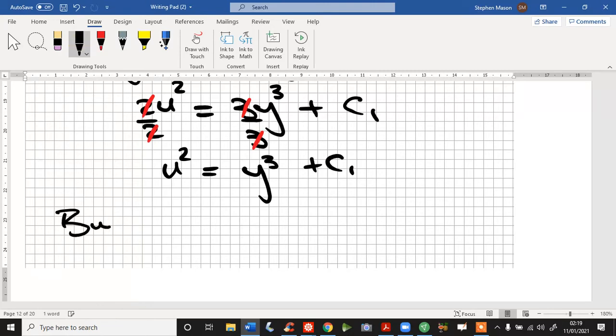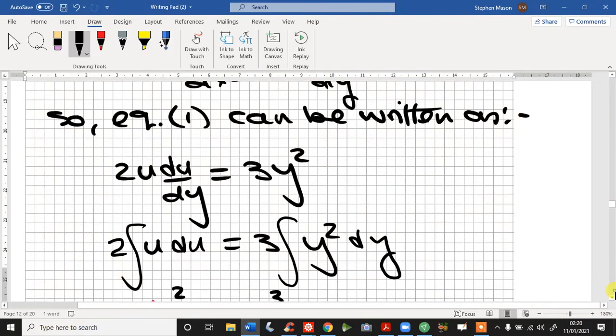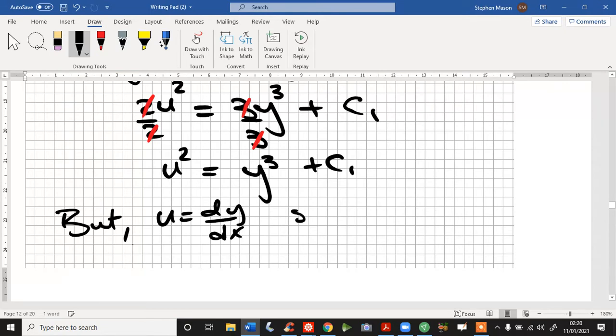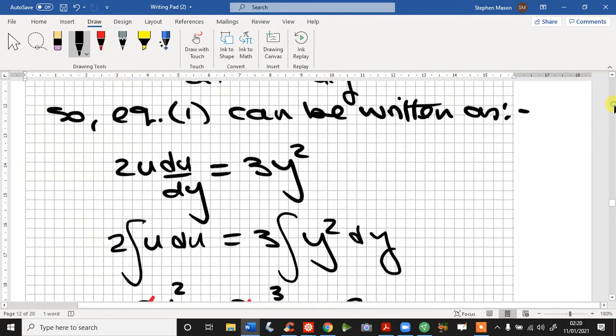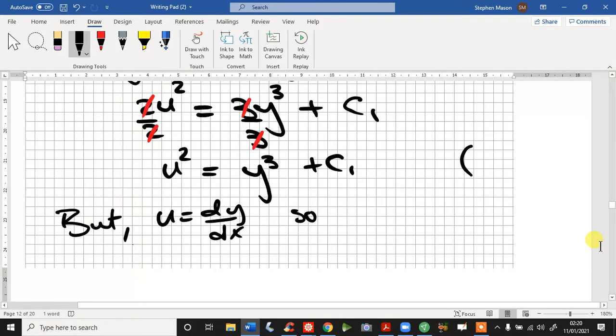But as we've just defined above, dy by dx is equal to u. So we write u equals dy by dx. So we call that equation 2.